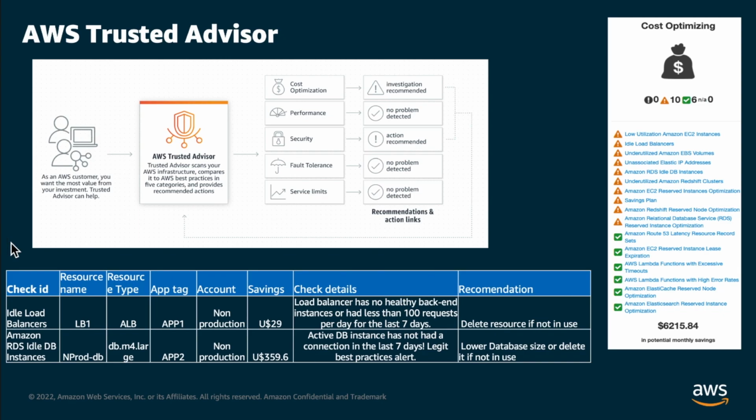And in AMS, we also create detailed spreadsheet and report for customers on each alert. So for example, idle load balancer, we say the resource name, the tags again, how much it's going to save, and what you should be doing in most of those cases.